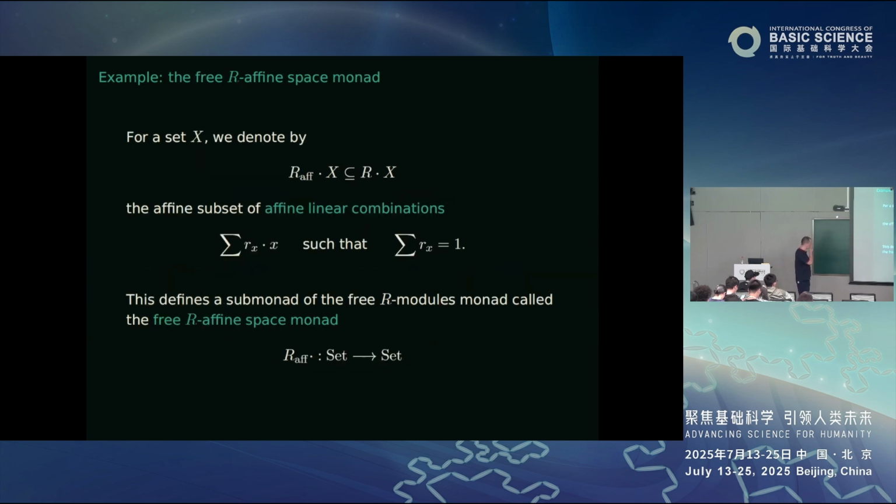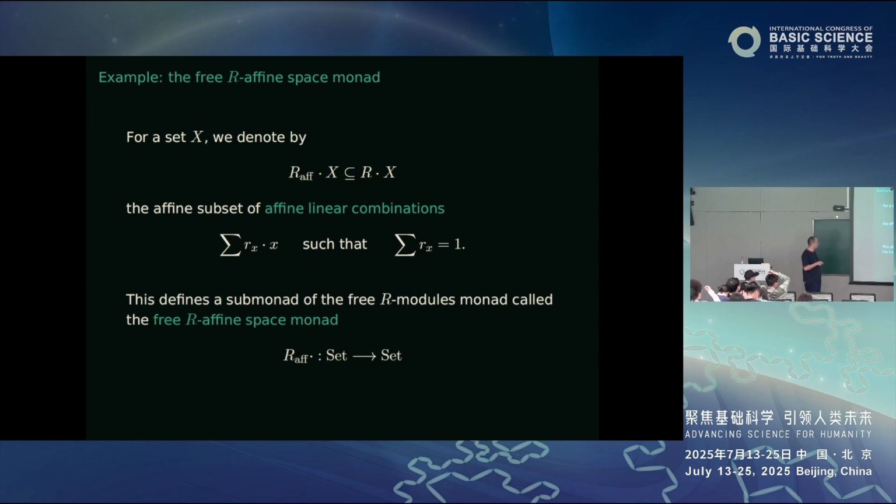And now I want to give you a slightly more sophisticated version of this, where we replace modules by R-affine subsets, R-affine spaces. What do I mean by R-affine space? By affine space, I mean a subset of an R-module which is closed with respect to affine linear combinations. What is an affine linear combination?